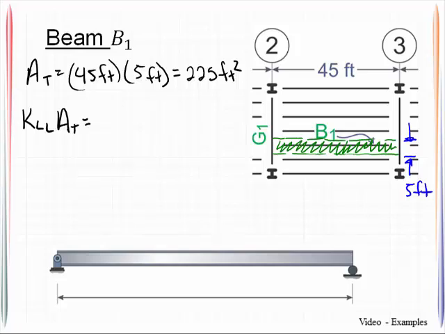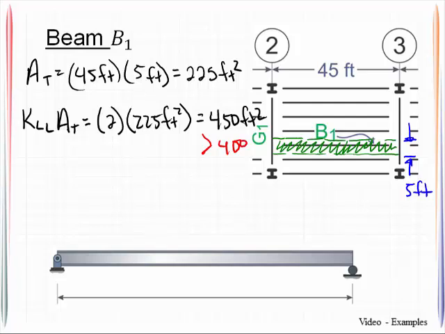You will recall the KLL factor for the beam was 2. And so that total quantity is 450 feet squared, which incidentally is greater than the 400 feet squared, which then says that we are reducible.